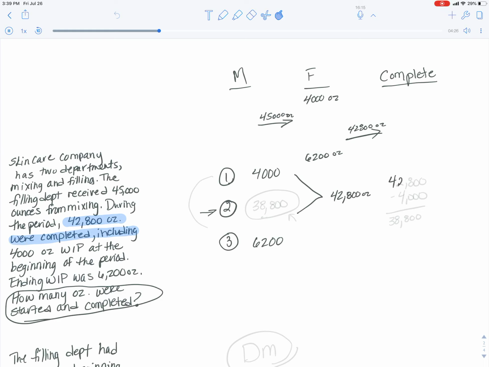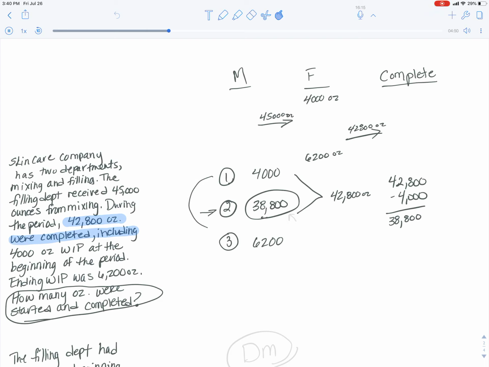So if you just take the difference, then your group 2 will be 38.8, and that's the answer. So it's just really terminology here. Completed and transferred out is going to be group 1 and 2.